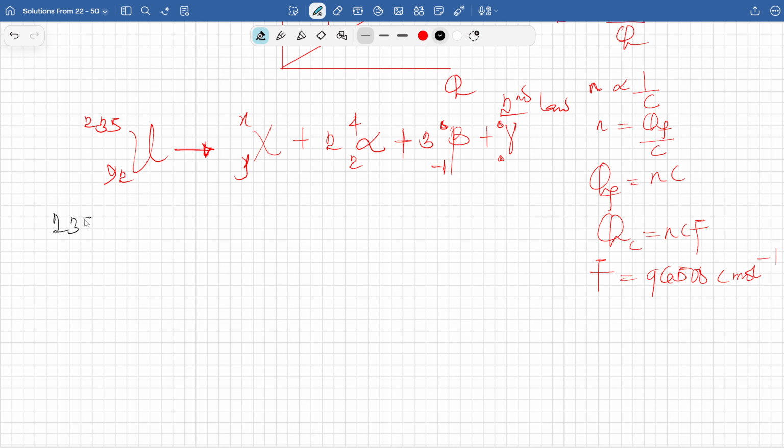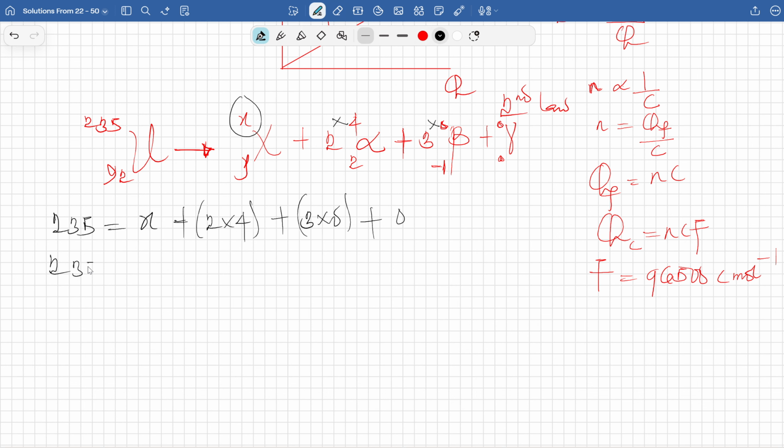So I'll say 235 is equal to x, I'm going to multiply 2 by 4, I'm going to multiply 3 by 0, and this is plus 0, right? So this is equal to x plus 2 times 4, that is 8. Let me show that so that there will be no confusion. 2 multiplied with 4 plus 3 multiplied with 0 plus 0.